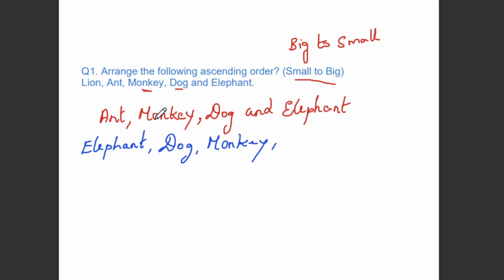Okay, I missed the lion, students. So lion comes after elephant. After elephant, it's lion, then dog, then monkey, and then ant. And here, lion comes before the elephant. So like this, if they frame any kind of questions, you are supposed to be ready to answer it.